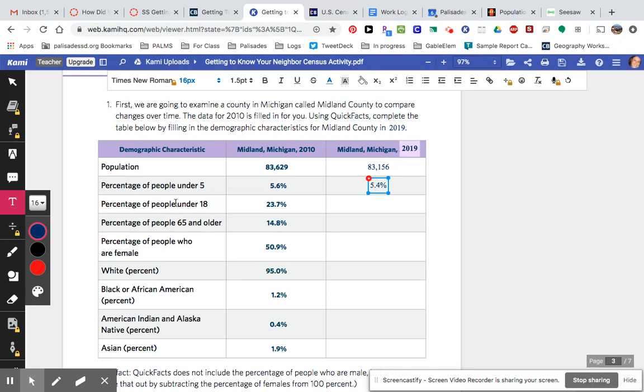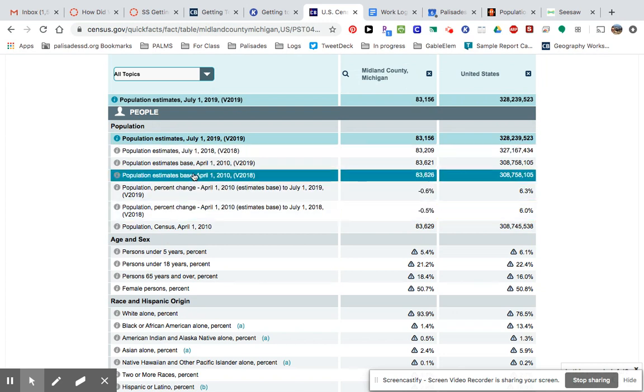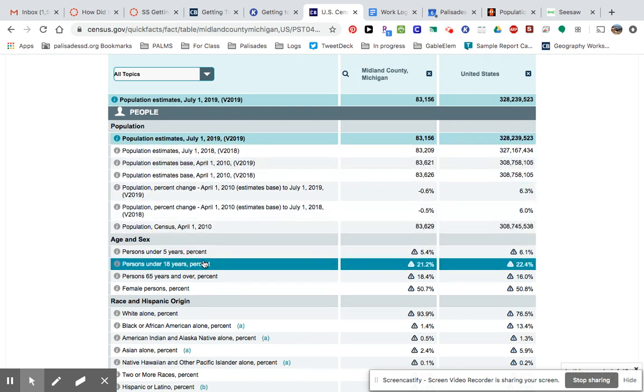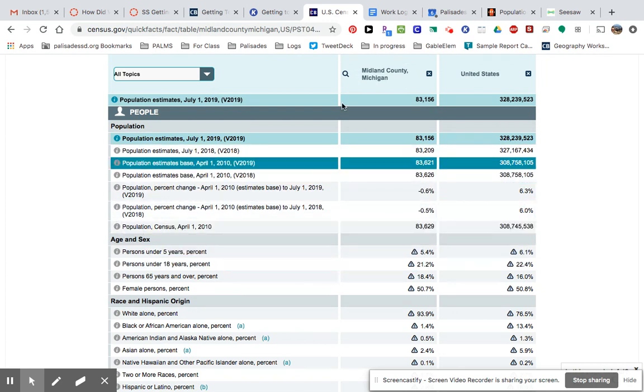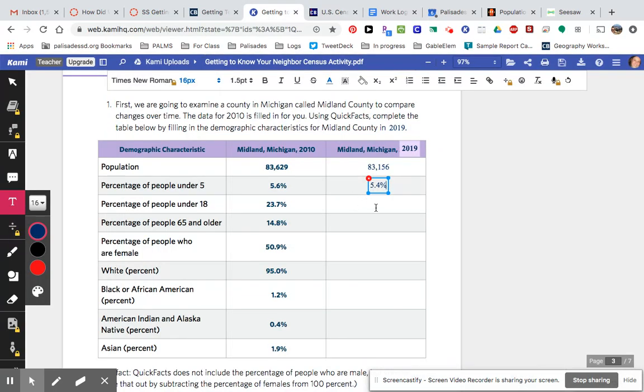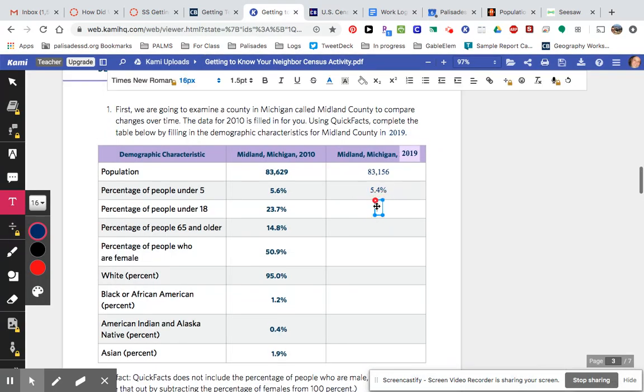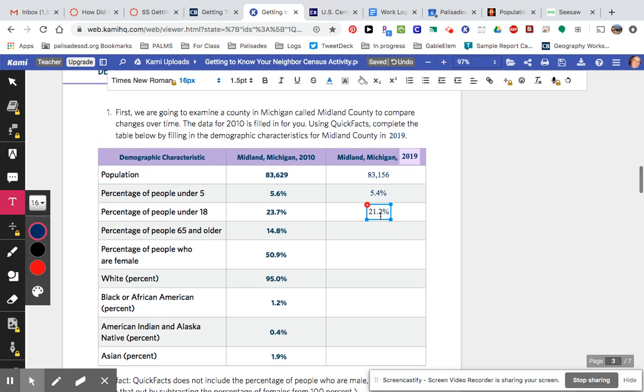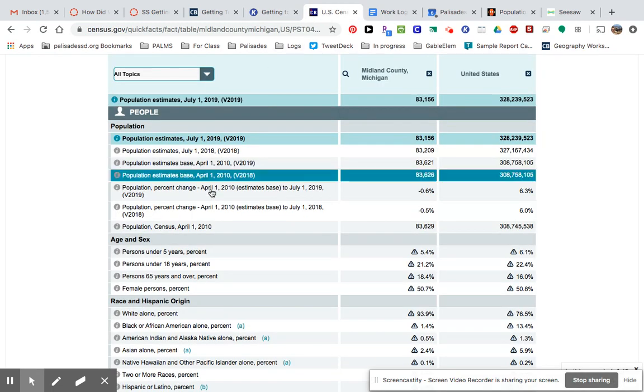So now let's get the percentage of population under the age of 18. Under the age of 18, again, this is a percentage. We have 21.2%. So we'll click. 21.2%. All right, that went down a little bit. Percentage of people 65 and older. 65 and older.